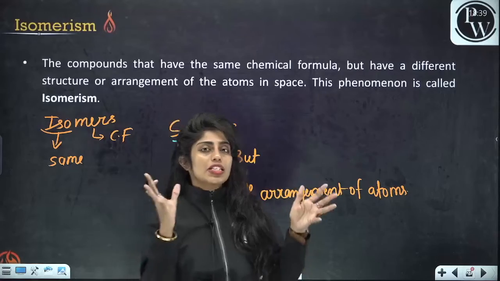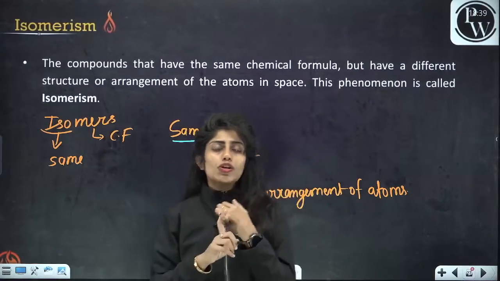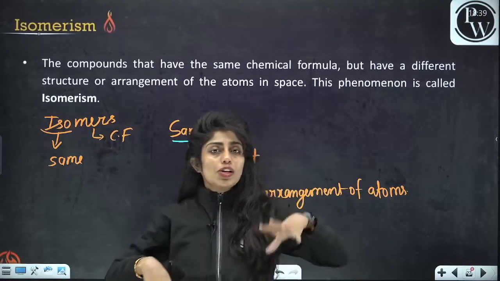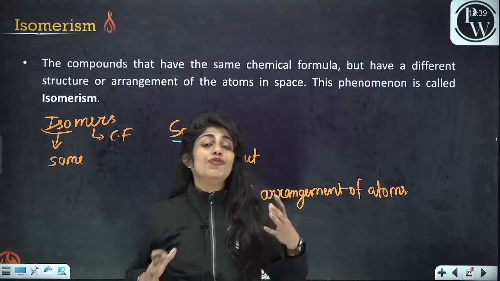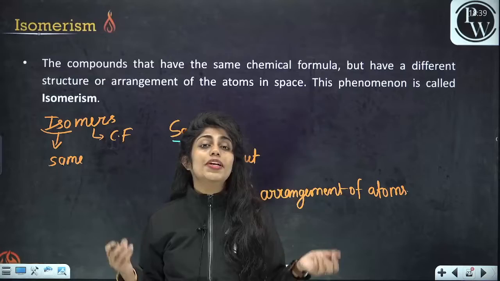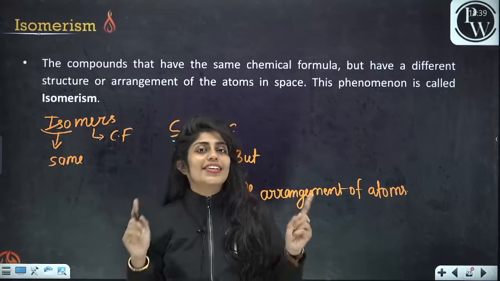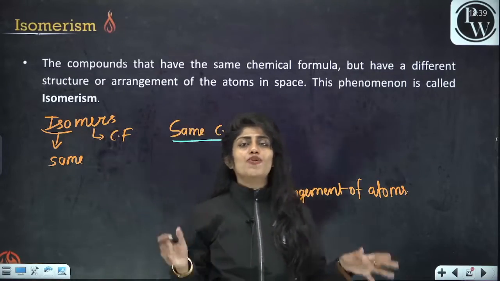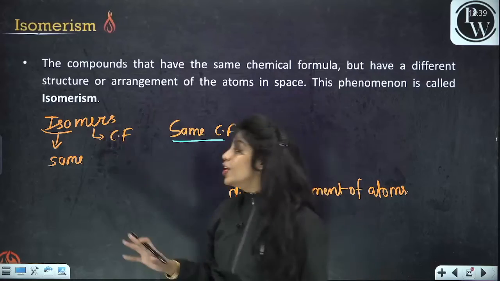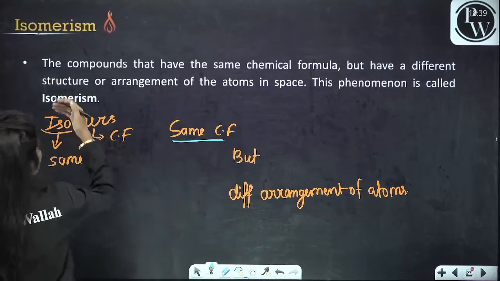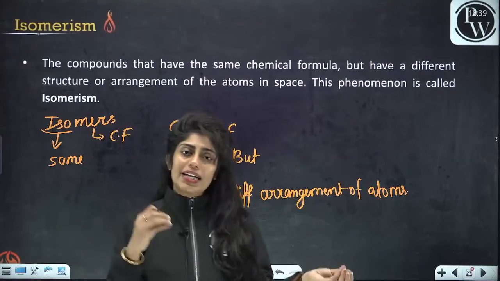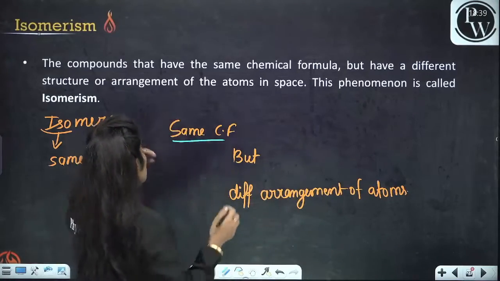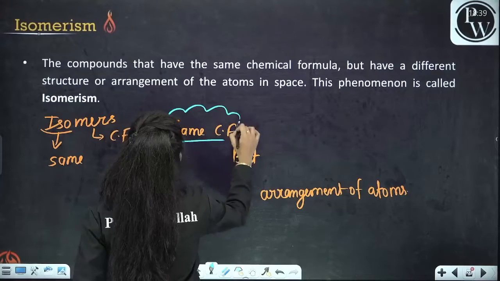Suppose you have 6 friends, so you can form a hexagon. You can also form a single line. So you can see different kinds of structural arrangement you can form. But the number of friends is 6 only. Yes, so in the case of carbon, carbon forms a large number of compounds. So it has the property of isomerism, same chemical formula.